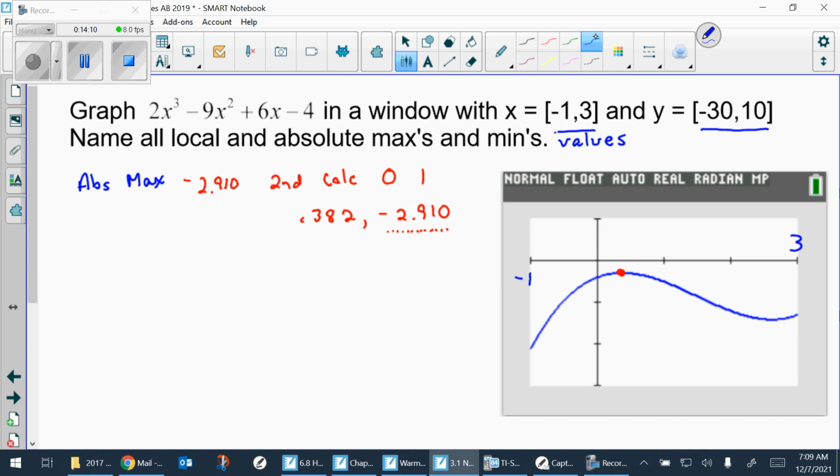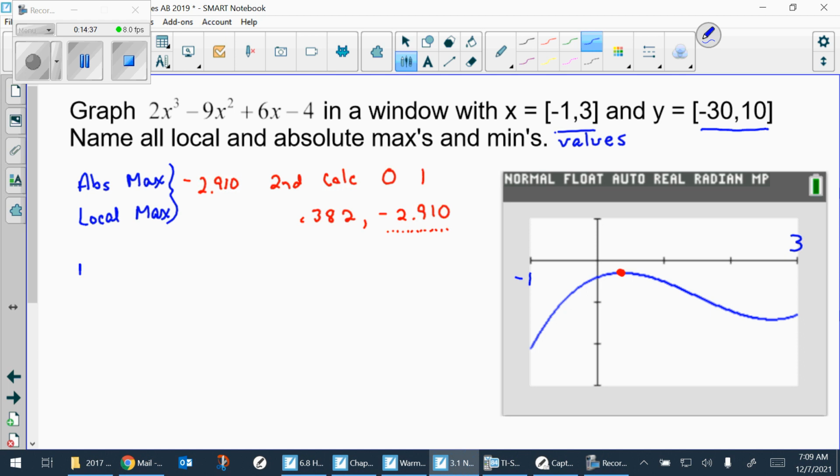Does that also serve as a local maximum? And yes, it does. So these two guys are the same. That y value serves as both the absolute max, because it's the highest one in the interval, and the local max, because it's the top of the hill.